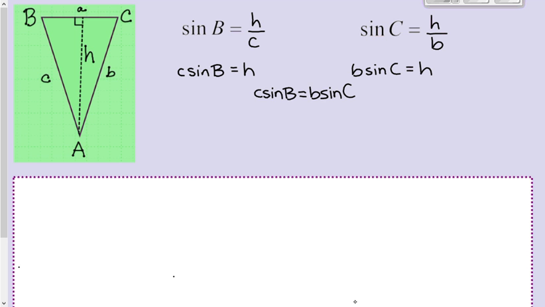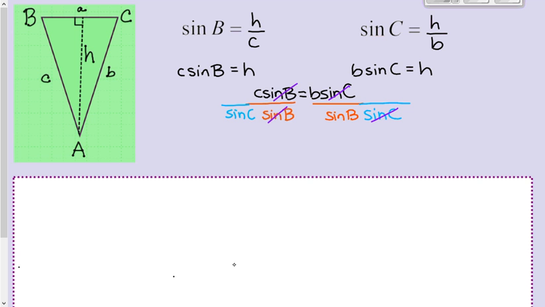And then just to change the form of that equation somewhat, what I'm going to do is divide both sides of the equation by the sine of B, and I'm also going to divide both sides of the equation by the sine of C. If I do that, what you'll notice is that you can cancel the sine of B from the top and the bottom of the left side, and you can cancel the sine of C from the top and bottom of the right side.